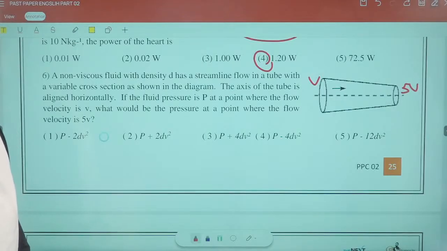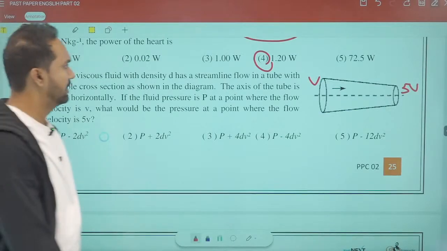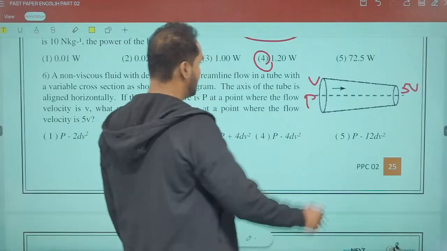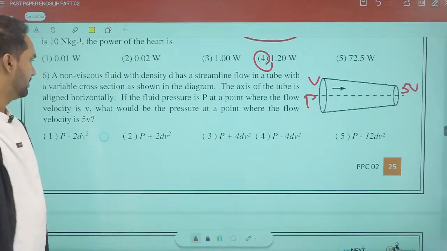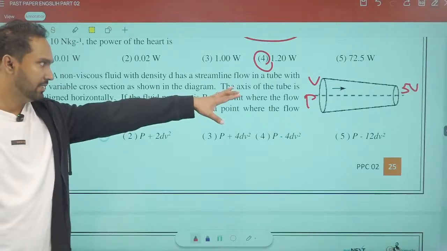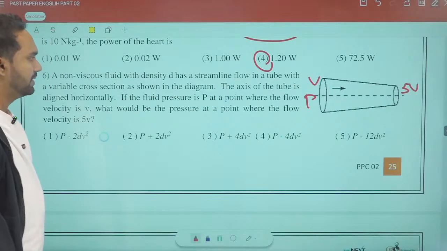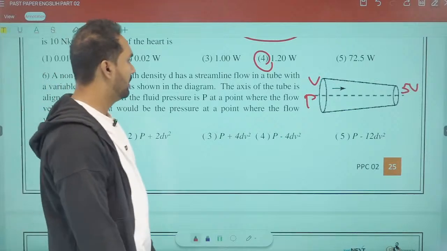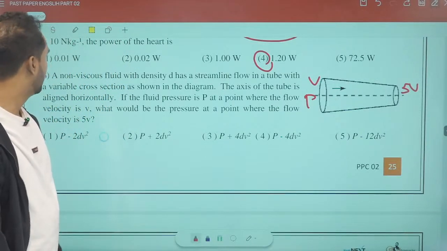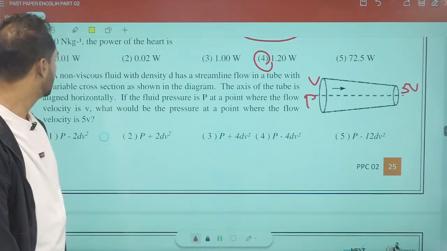Okay. Now what else is given? The axis of the tube is aligned horizontally. The fluid pressure here is P at the point where the flow velocity is V. So with the velocity V, the pressure is P. What would be the pressure at the point where the flow velocity is 5V and the density is D, right?